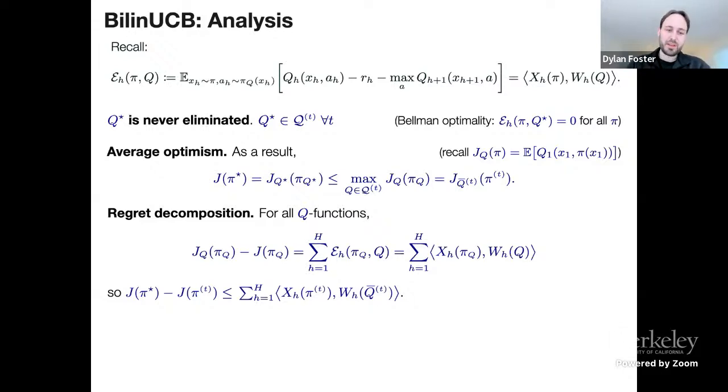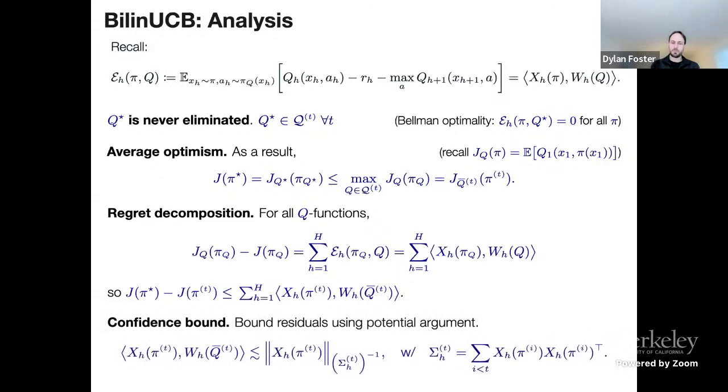Okay, and finally, the idea is, because we defined this confidence set in terms of the Bellman residuals from past rounds, which also have this bilinear structure, we're going to be able to bound this error in the residual as sort of like this weighted Euclidean norm, very similar to what we were looking at for the low rank MDP setting.